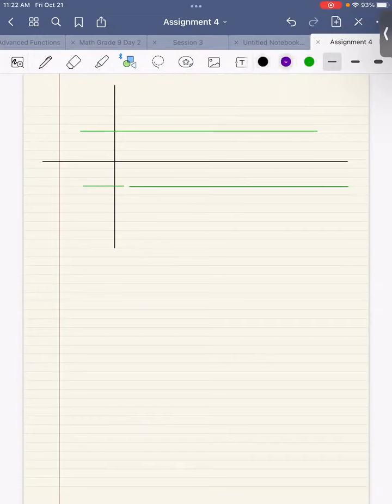The important points on the graph: this is 0.